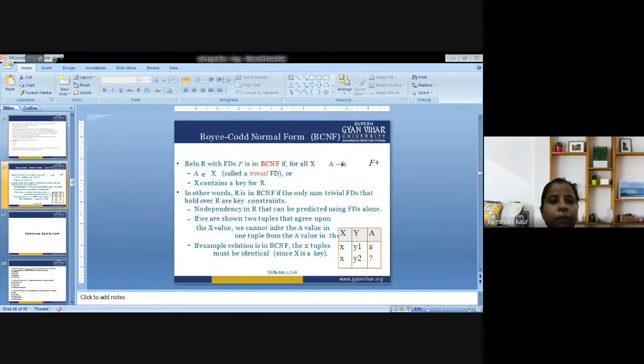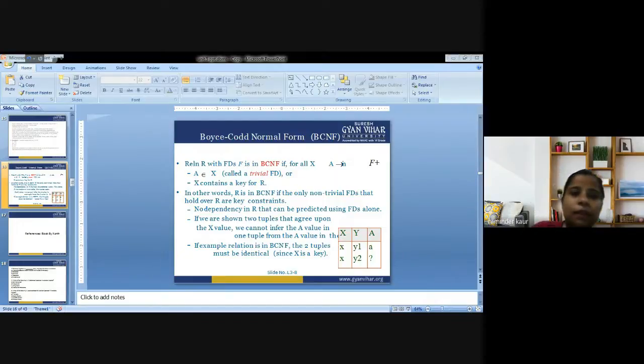A relation is in BCNF if it is in the third normal form and for every functional dependency the left hand side is a super key. A relation is in BCNF if and only if in every non-trivial functional dependency in which X is deriving Y, X is a super key. Again, I am saying X is a super key.